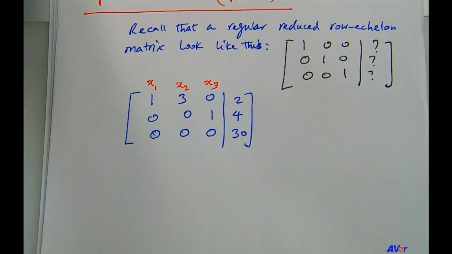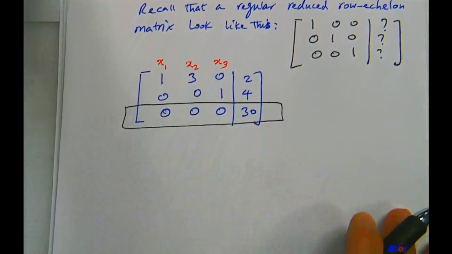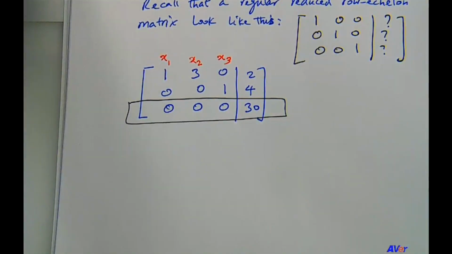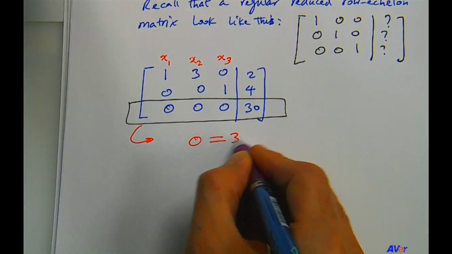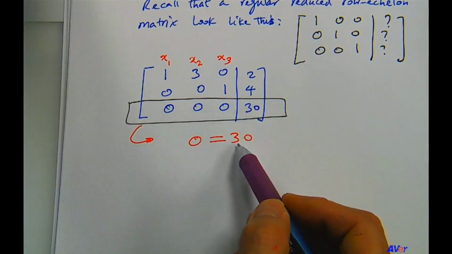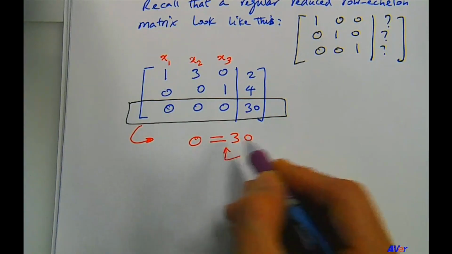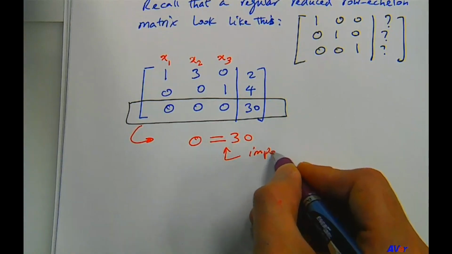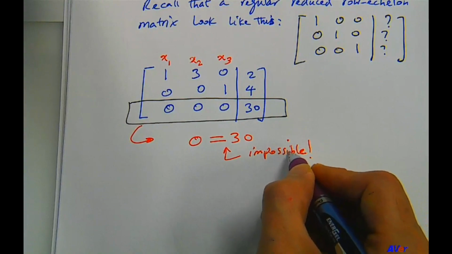Now, in this case, if you carefully look at the bottom equation, it's basically telling us that 0 is equal to 30, right? 0 on this side equal to that constant on the other. And this is impossible. That's impossible.